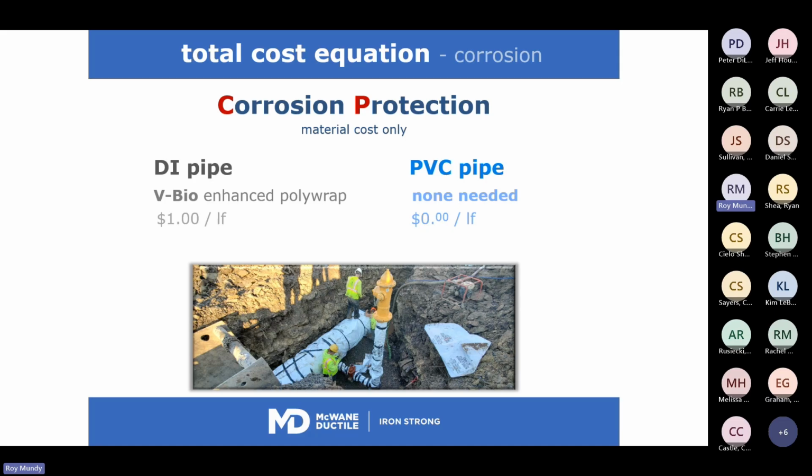And so therefore, you can guarantee that corrosion protection is provided for ductile iron pipe. So with that 8 to 12-inch pipe, V-Bio runs maybe $1 a foot, it again varies a little bit, very economical. So we put that dollar amount against the ductile iron pipe part of the ledger, so to speak.